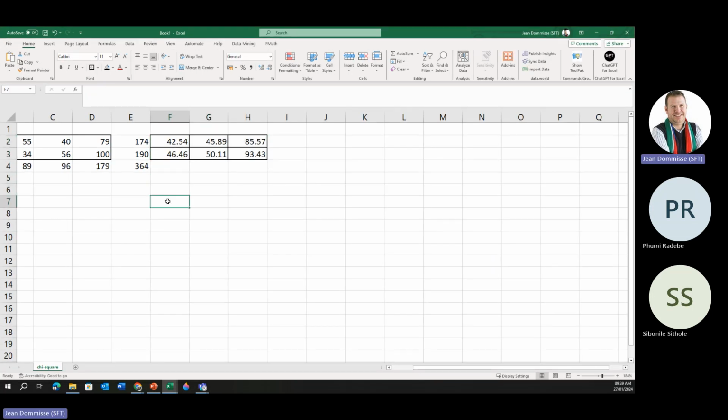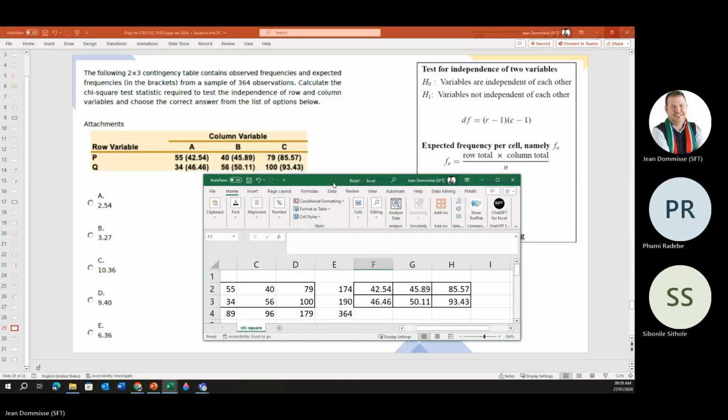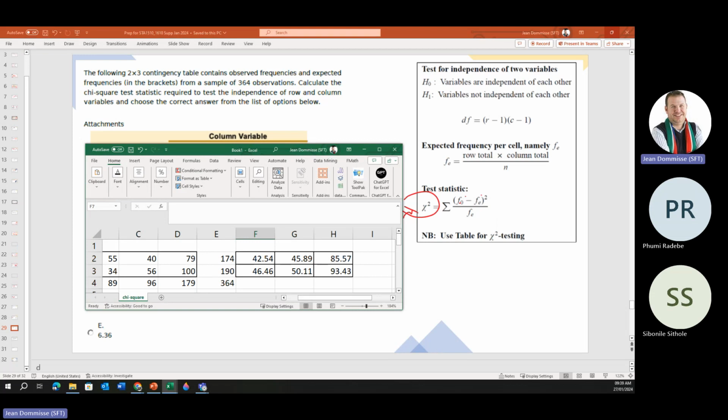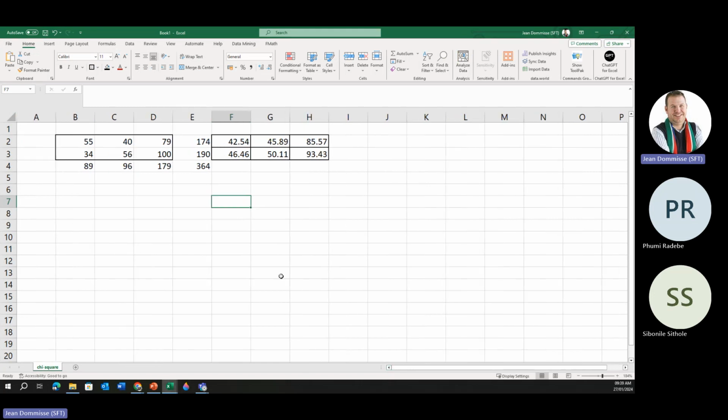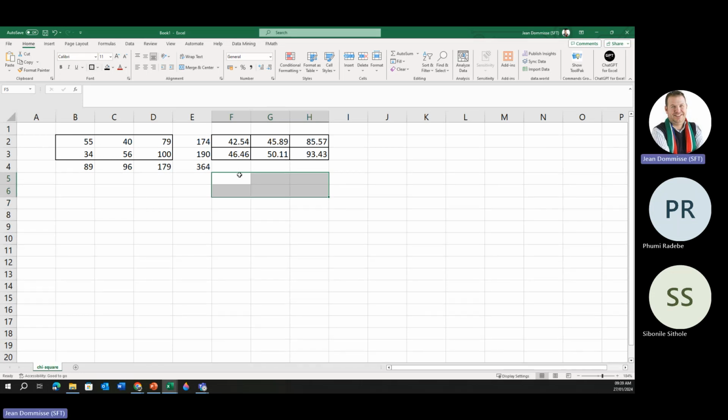And then basically the formula says to work it out, observed minus the expected divided by, so let's just put in another one for you. I'm going to put in that.